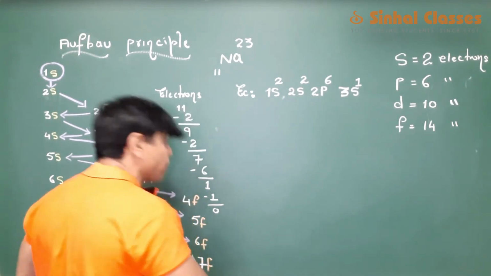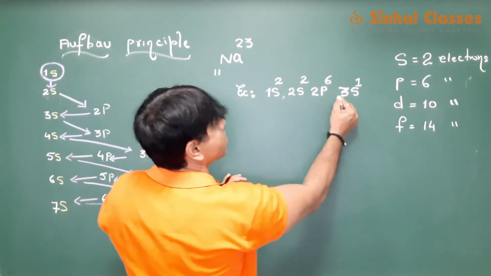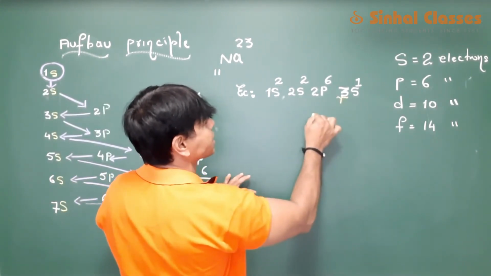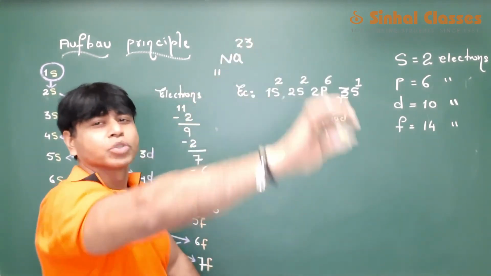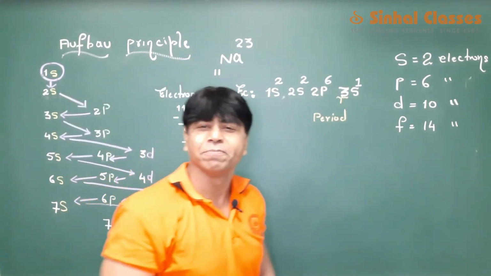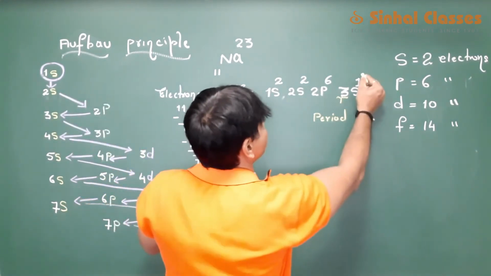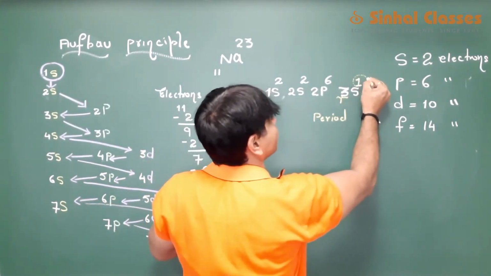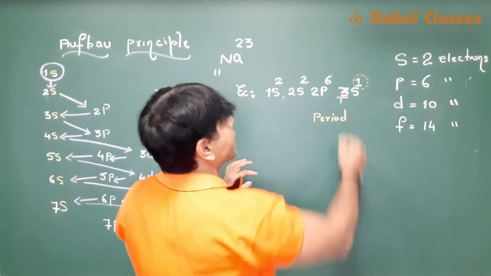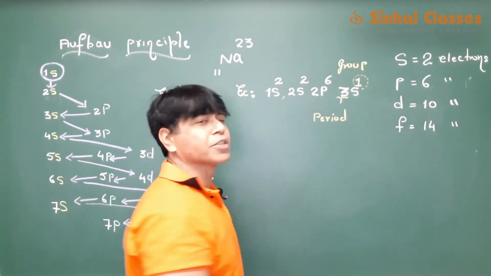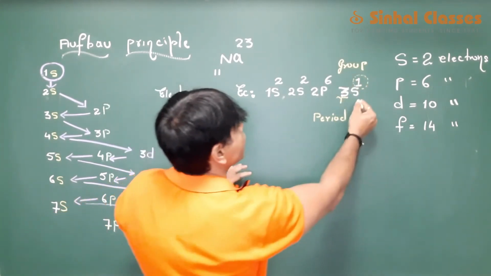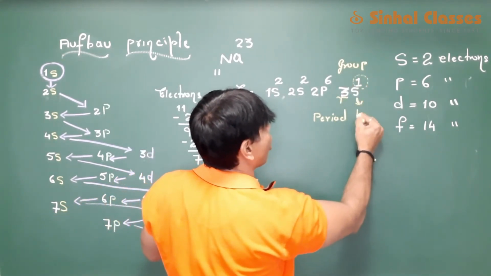Now you can straight away make it out. The last number 3 indicates the period in which this element belongs. So sodium belongs to 3rd period. And the number of electrons on the top will indicate the group. So sodium belongs to 1st group. And which block? S block.